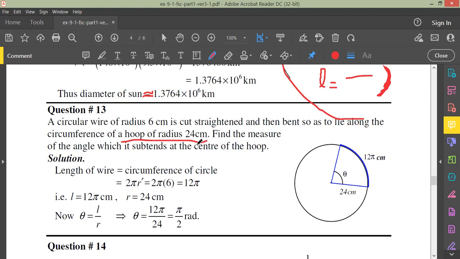So the value of r will be equal to 24 because we are calculating for the hoop, not for the circular wire. Find the measure of the angle which is subtended at the center of the hoop. So you have to find the value of the angle.